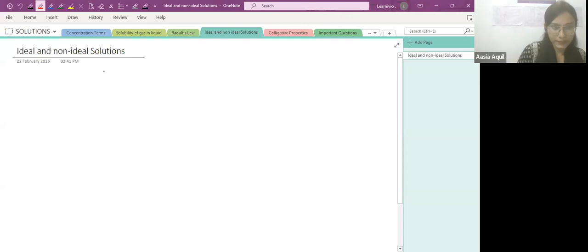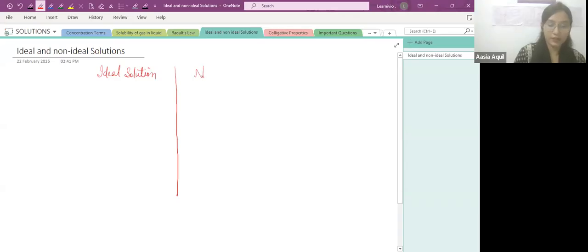So, let's see the ideal solution and the non-ideal one. Basically, in this, the graph is very important. The deviation is very important, that is, the positive and negative deviation in case of the non-ideal one.